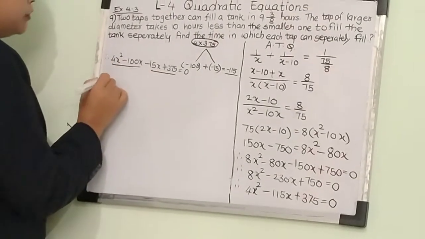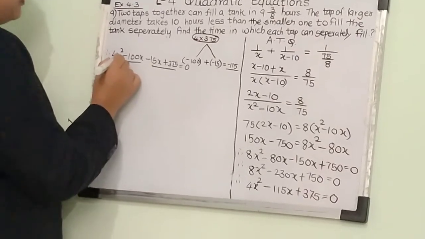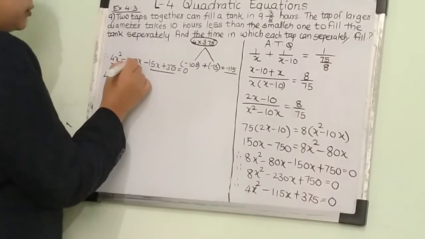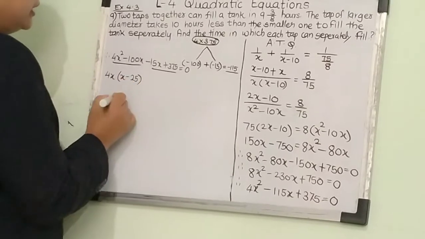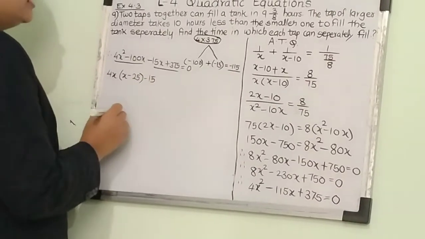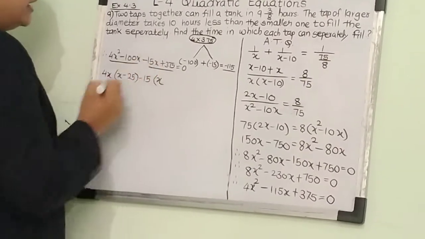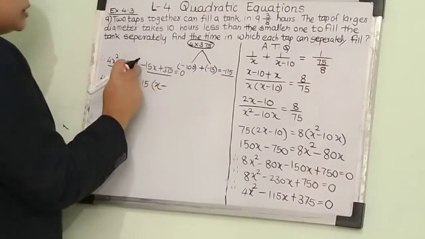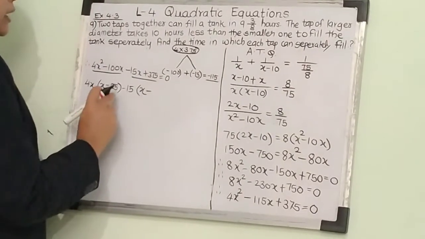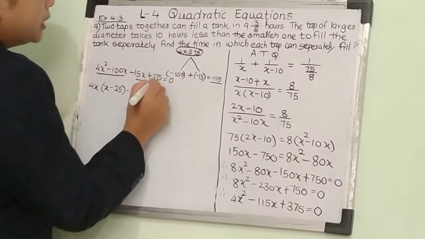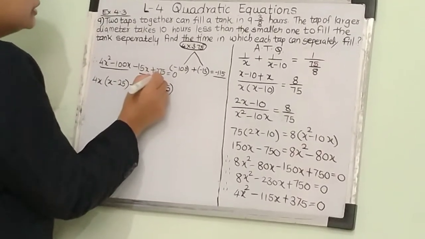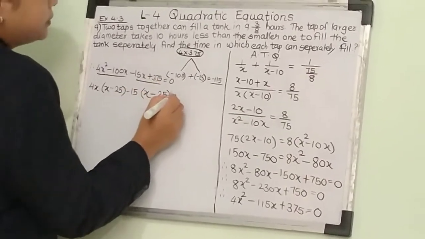Here we take 4x common, so in the bracket is left x minus 25, since 100 divided by 4 is 25. In the other group, if I take minus 15 common, then x is left, and the sign changes in the bracket, so 15 divided by 15 gives 25 as 15 sevens are 75.